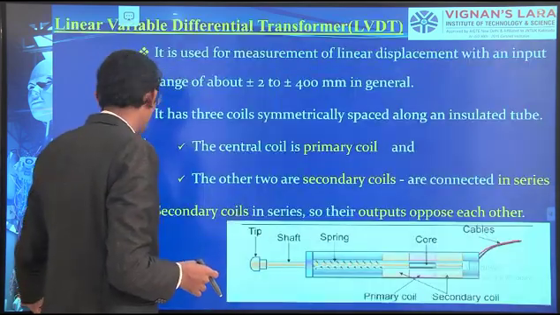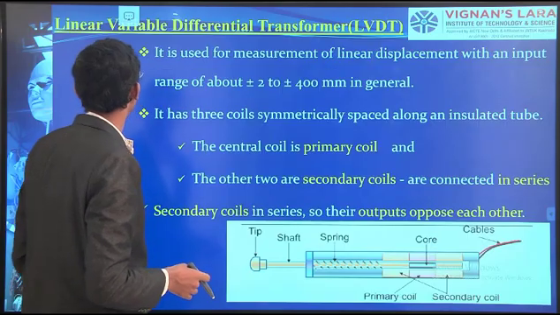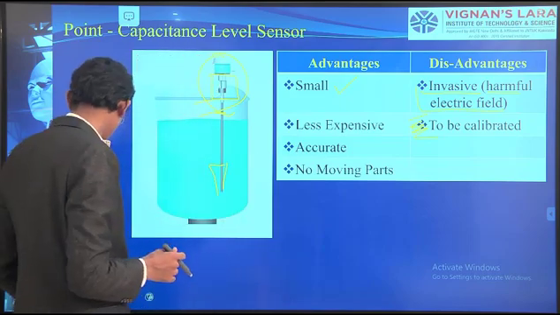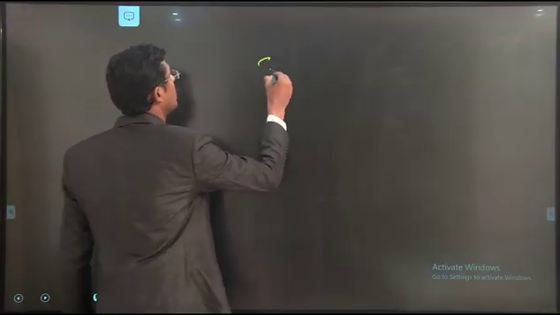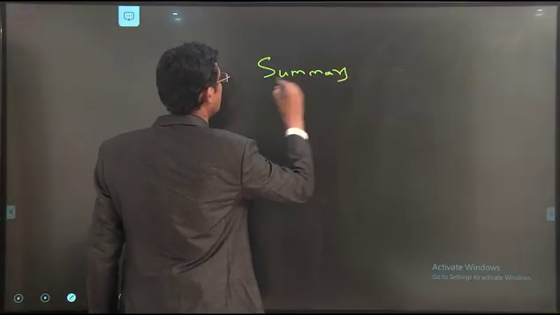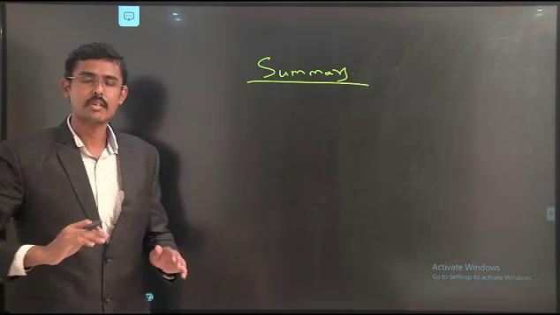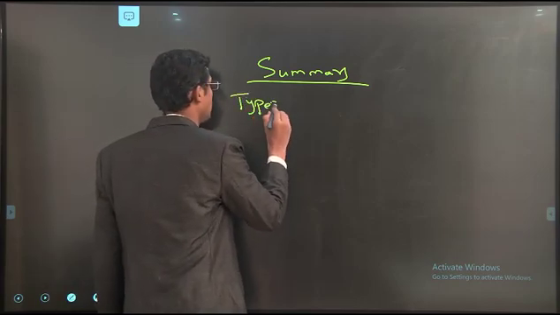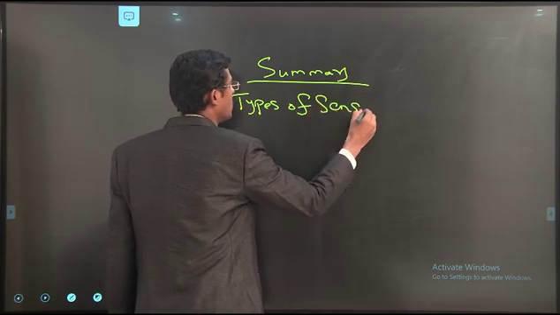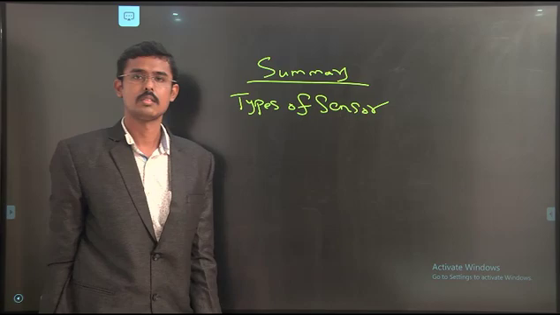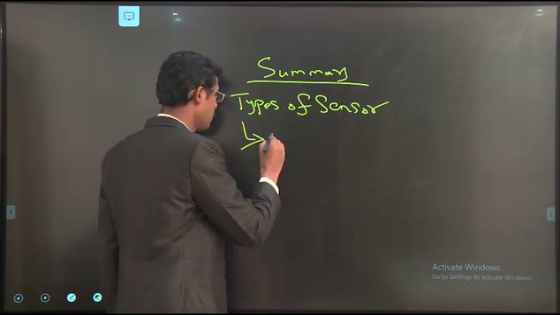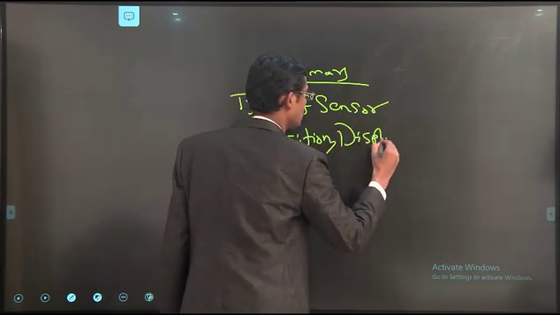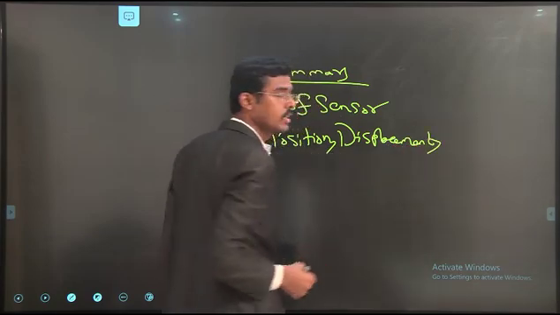So in these cases, I would like to go for the summary of this session. In this summary, what we have done is we have talked about the types of sensors. In this, we have discussed the position, the displacement, right?